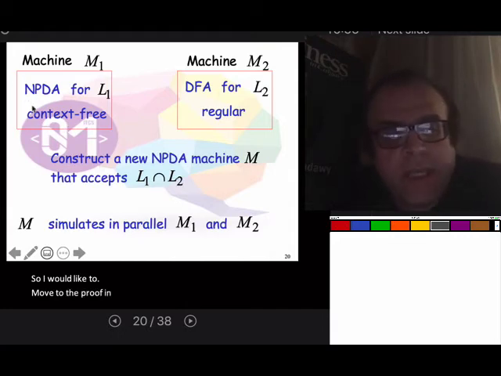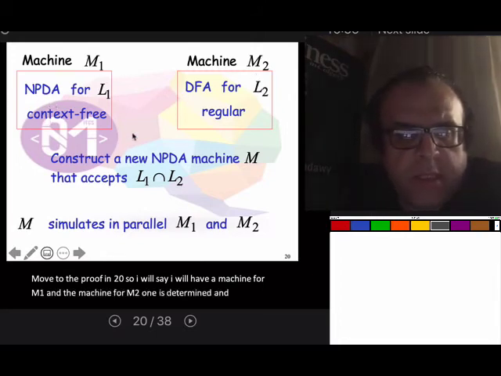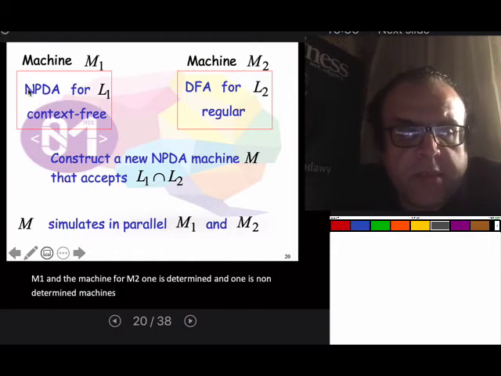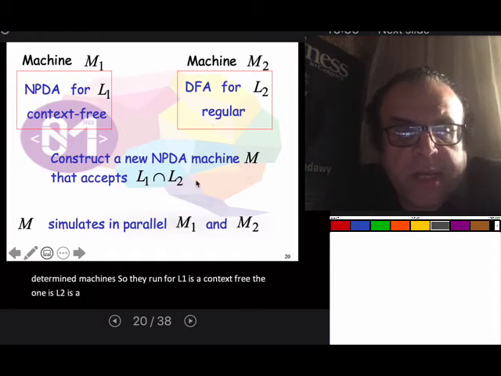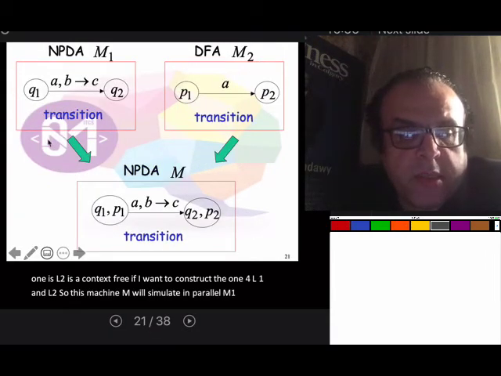So I will have a machine M1 and a machine M2. One is a deterministic and one is a non-deterministic machine. The one for L1 is context-free, and the one for L2 is regular. If I want to construct the one for L1 intersect L2, this machine M will simulate M1 and M2 in parallel.